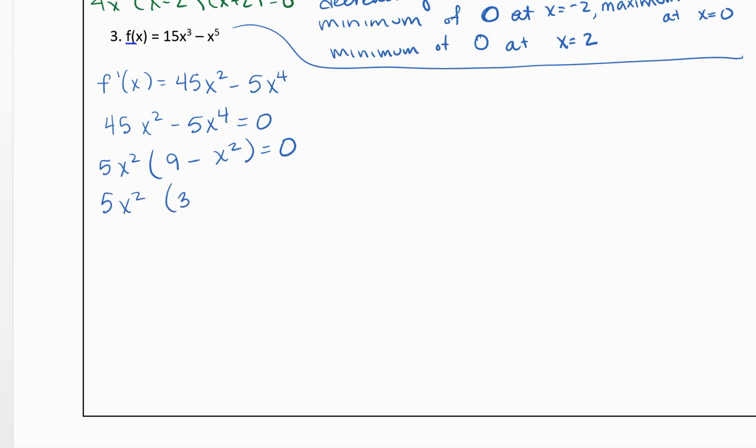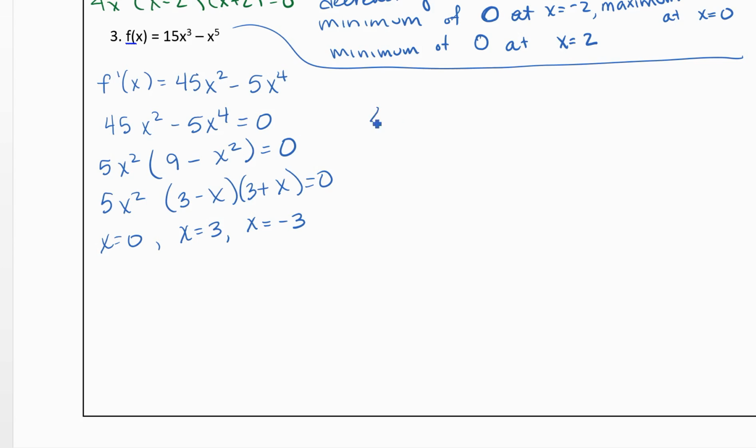And this will factor as 3 minus x and 3 plus x. So from the x squared, we get x equals 0. Then we get x equals 3 and x equals negative 3. So those are where our critical values are.